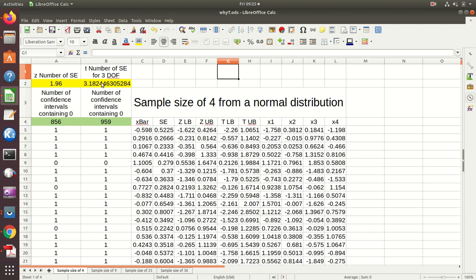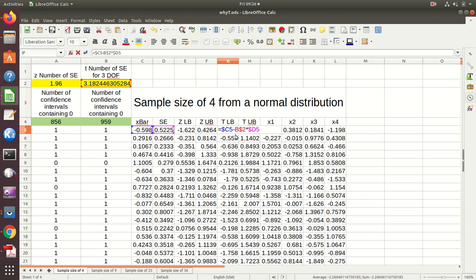I had Excel look up the number, and it says, don't use 1.96, use 3.18. And that's what I did in these 2 cells. So here I did that same thing. I took X bar and then minus, but this time instead of the 1.96, I used the 3.18.